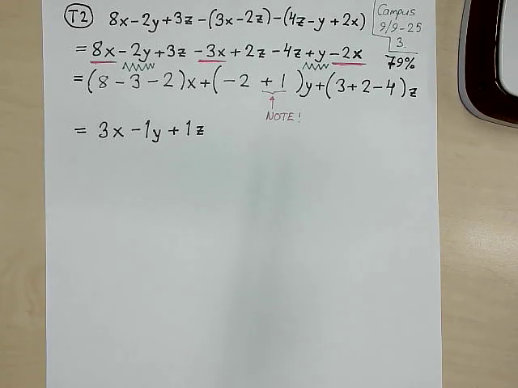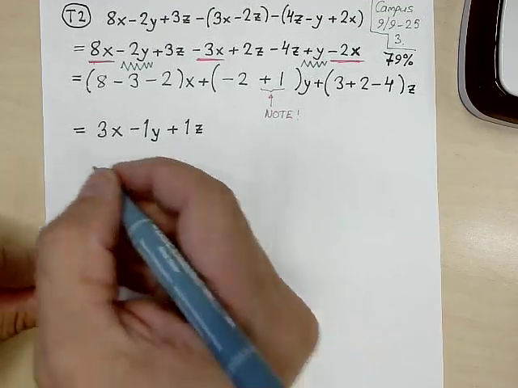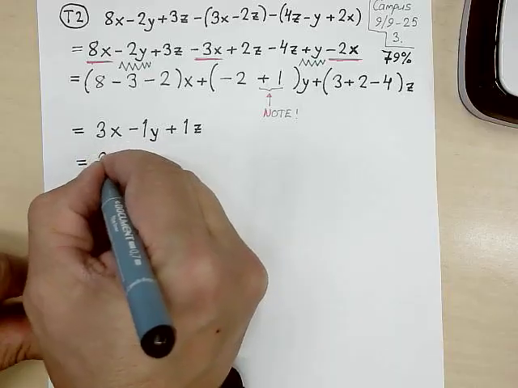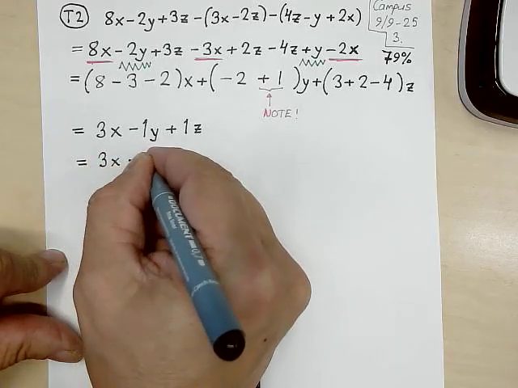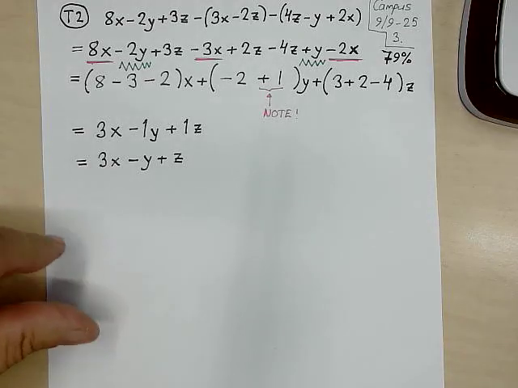In my opinion, this is an okay result of this problem, but mostly these 1 numbers are not written, so it is maybe a more simple form without those ones, only like this.